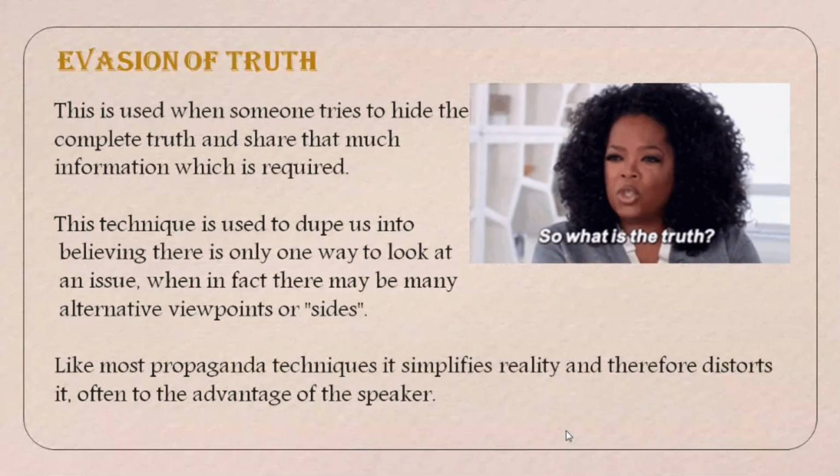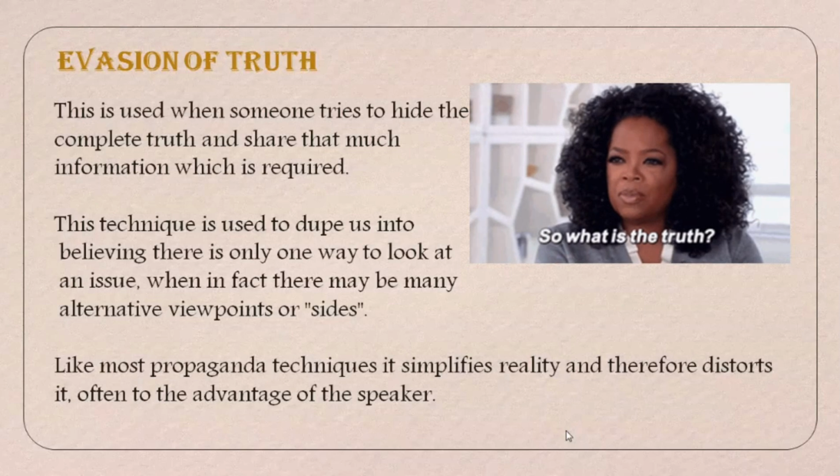Evasion of truth. This technique is used to dupe us into believing that there is only one way to look at an issue, when in fact there may be many alternatives or viewpoints. Like most propaganda techniques, it simplifies reality and therefore distorts it, often to the advantage of the speaker.